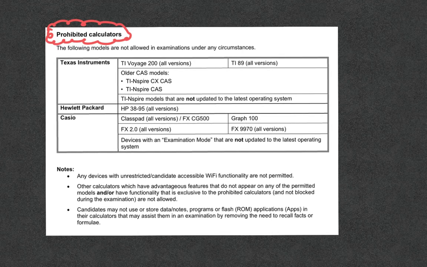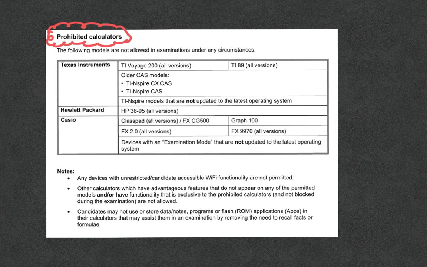So if you want, you can pause the video and have a look. You absolutely do not want those, because you're going to end up with a calculator that you will not be able to take with you to your IB exams, and these calculators can cost a lot.